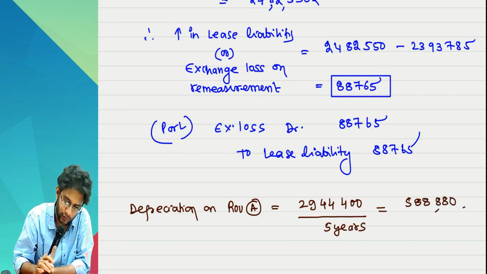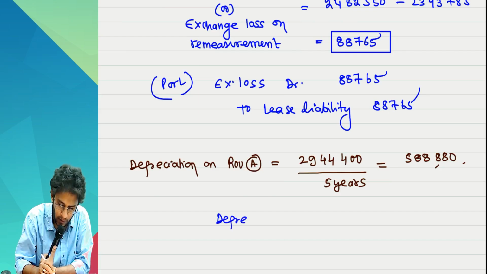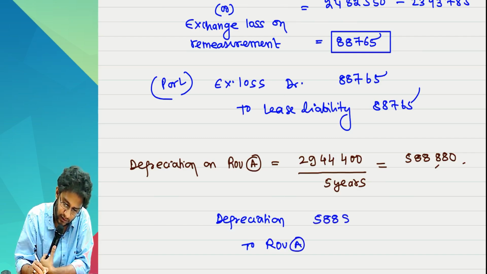So for that also, if you write an entry, depreciation account debit to ROU asset 5,88,880.